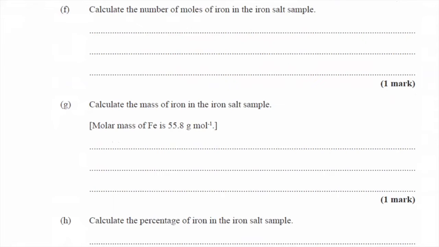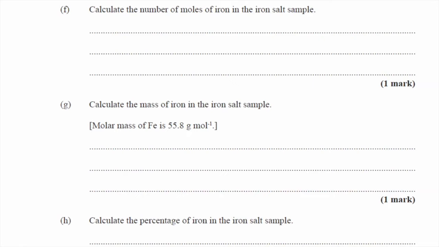We just saw that 1 mole of dichromate reacts with 6 moles of iron. So the number of moles of dichromate that was used from our calculation in part D was 3.996 times 10 to the minus 4.